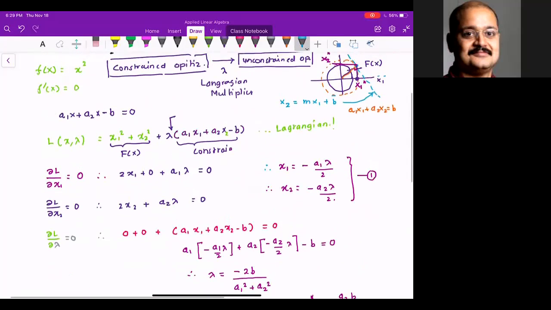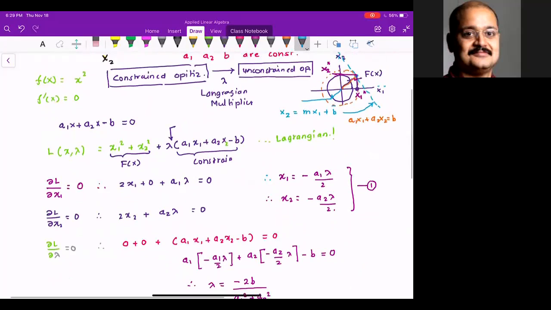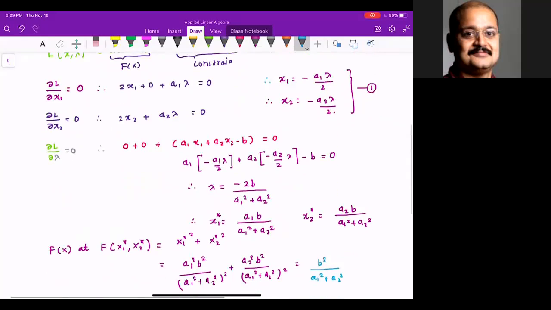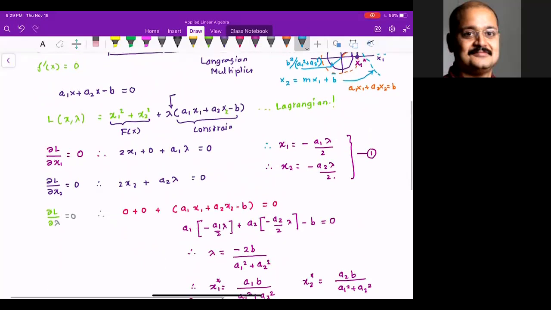So what I want to tell you here is this radius is b square divided by a1 square plus a2 square. Now I want you to look at the value of lambda.